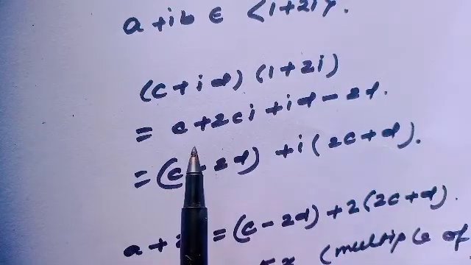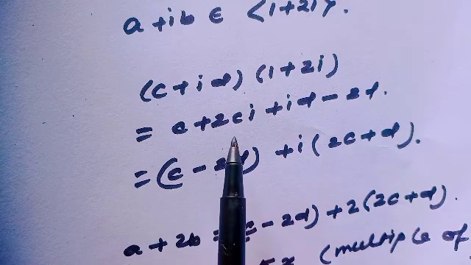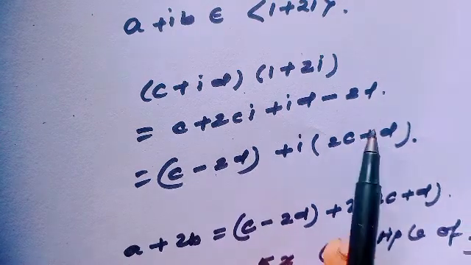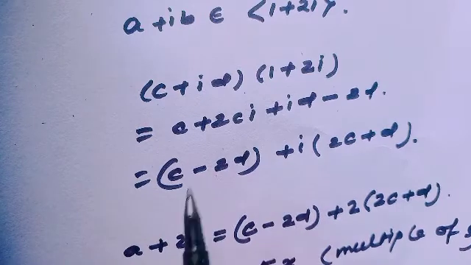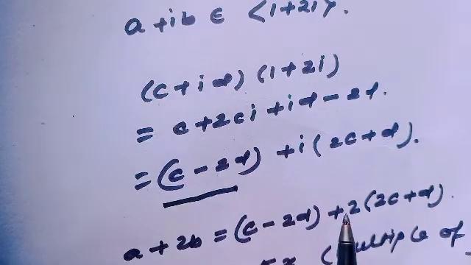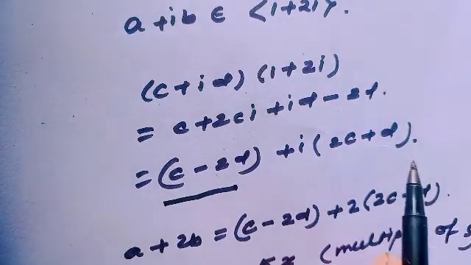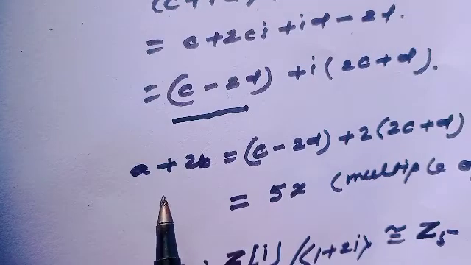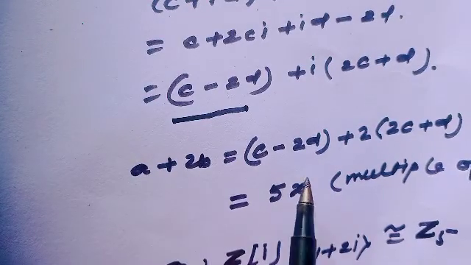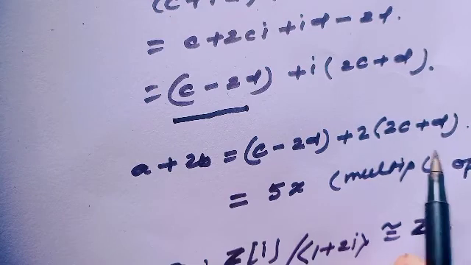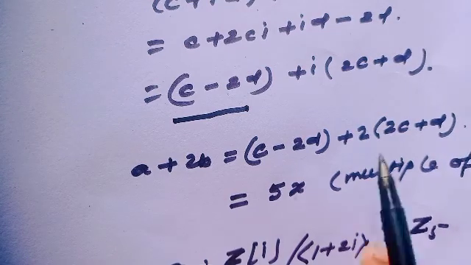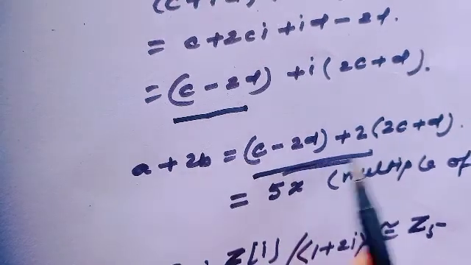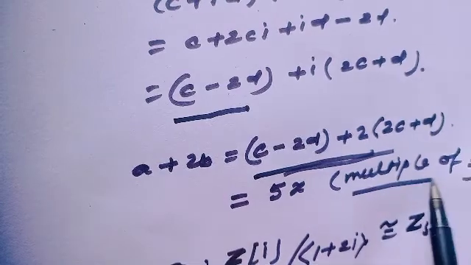After multiplying, this would be C plus 2Ci plus iD minus 2D. Then this would be C minus 2D plus i times 2C plus D. That means A plus 2B equals C minus 2D plus 2 times 2C plus D. And this part would be a multiple of 5.